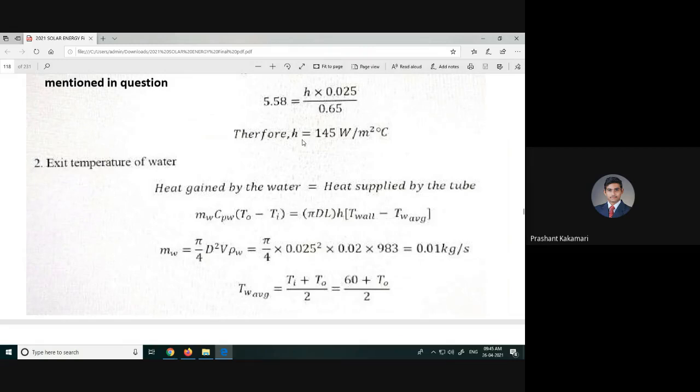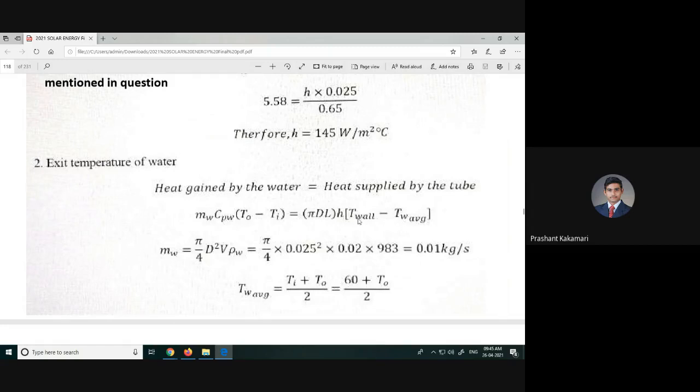As I said, the H value is required for Q equals area into H into delta T. Here, the area of the inside or outside of the tube, because we are assuming the thickness of the tube is negligible, for the inside wall of the tube I can consider pi d, the perimeter of the circle, into length, since it is a cylindrical tube. So pi d l can be used for the area of the inner surface of the cylinder. H is the convective heat transfer coefficient, into delta T.